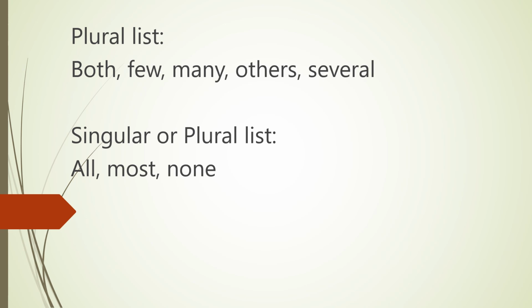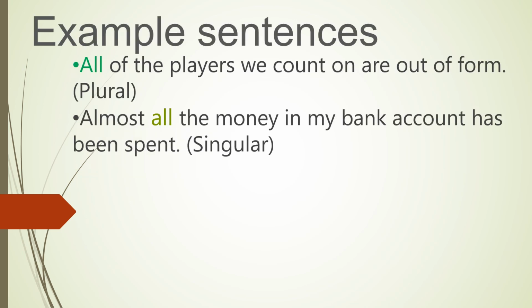Now the plural list: both, few, many, others, several. Singular or plural, it can match both forms: all, most, and none. Example sentence: All of the players are out of form, the plural, all.